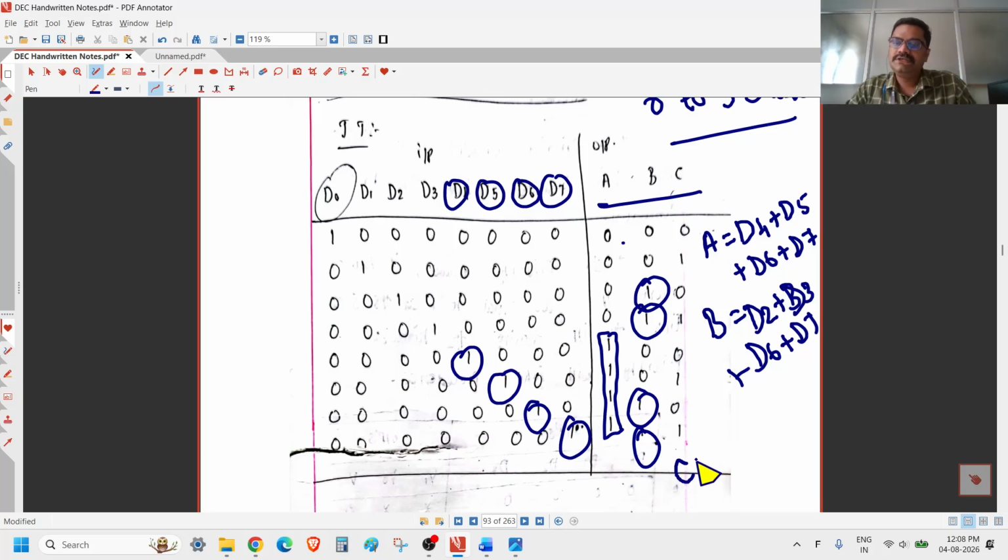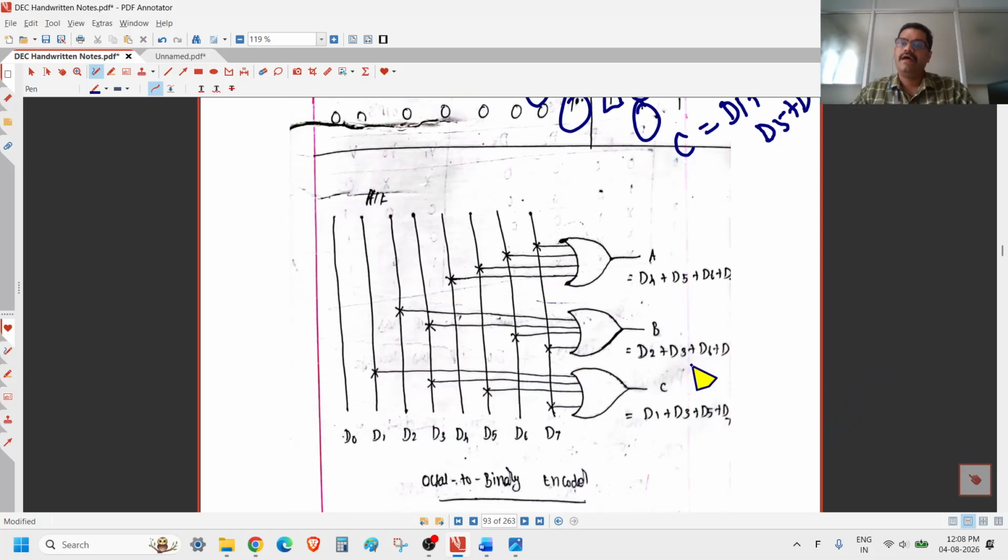So likewise c will be d1 plus d3 plus d5 plus d7. Okay, we'll check the answer. Yes, it is right. You can see a is equal to d4 plus d5 plus d6 plus d7, b is equal to d2 plus d3 plus d6 plus d7, and c is equal to d1 plus d3 plus d5 plus d7.